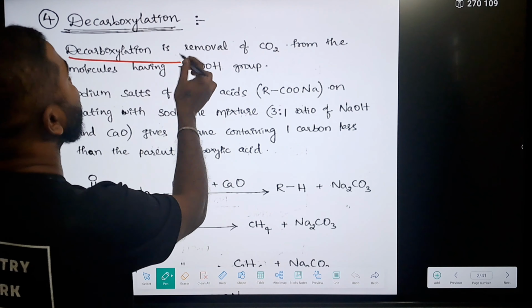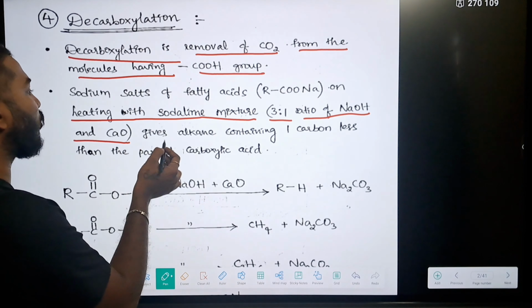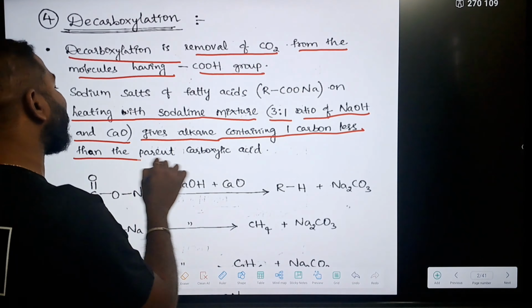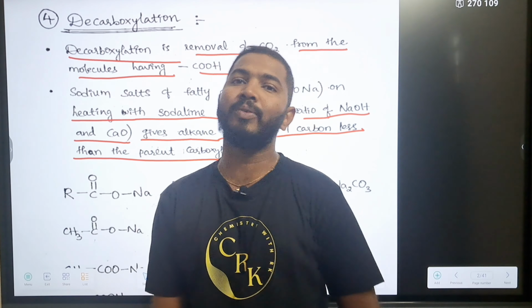So decarboxylation is the removal of CO2 from molecules having a COOH group, which is a carboxylic acid. To prepare alkanes by decarboxylation, we take the sodium salt of a carboxylic acid and heat it with soda lime mixture, a 3:1 ratio of NaOH and CaO, which gives an alkane containing one carbon less than the parent carboxylic acid we are taking.